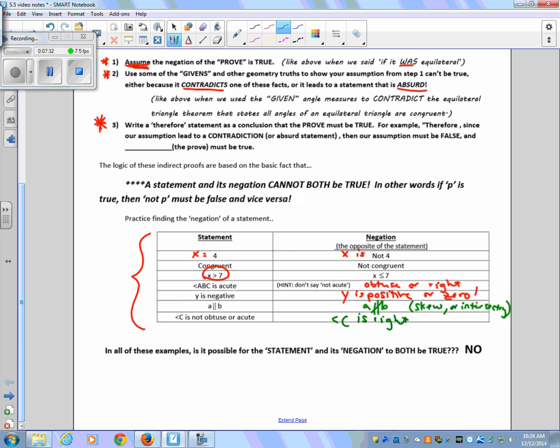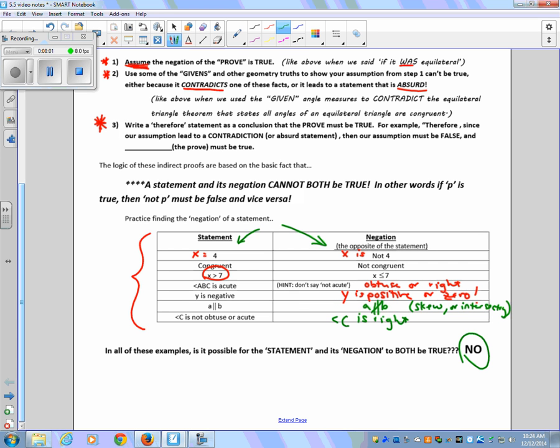Okay, so the negation is all the possibilities of the opposite of the statement. In all of these examples, is it possible for the statement and its negation to both be true? No, they cannot both be true. Therefore, if you prove that some statement here is false, you've basically proven that the statement over here is the truth, because it can't be both.